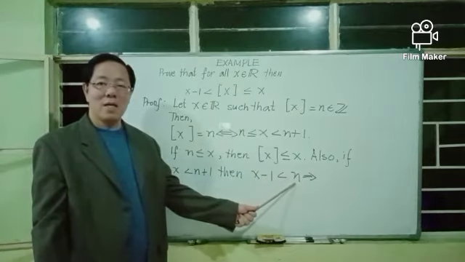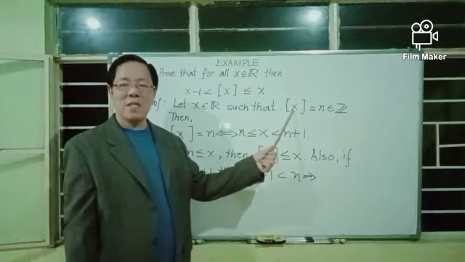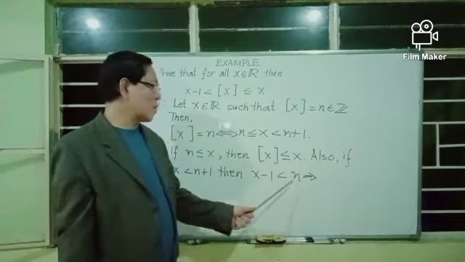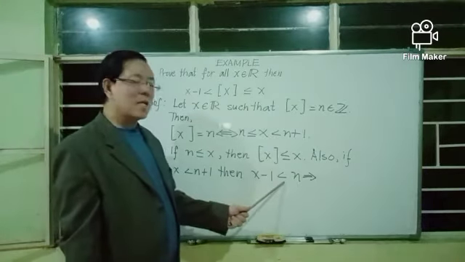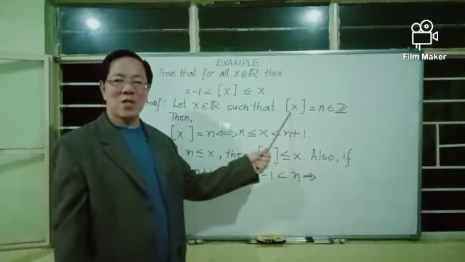But n is the greatest integer function of x. Thus, from this inequality, we conclude that x minus 1 is strictly less than the greatest integer function of x.